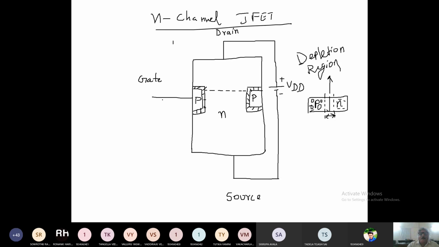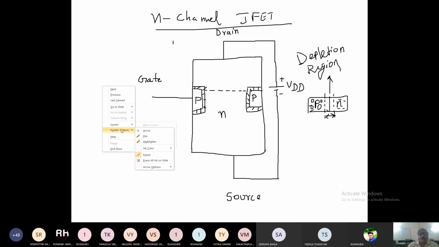And we have to connect another voltage source between gate and source. So it will be connected in this way. Okay, first we will see when we are not connecting any battery.